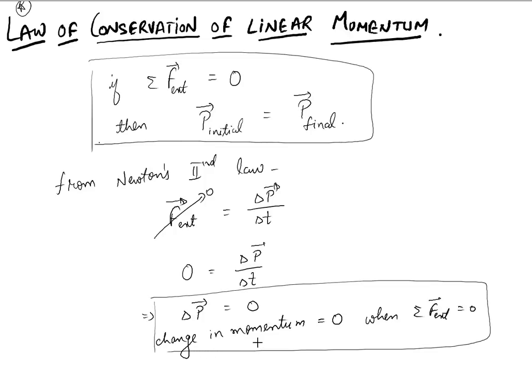And we know that change in momentum is nothing but the final momentum of the system minus the initial momentum of the system, and this is equal to 0. So from this we can conclude that P final of the system is equal to P initial of the system.